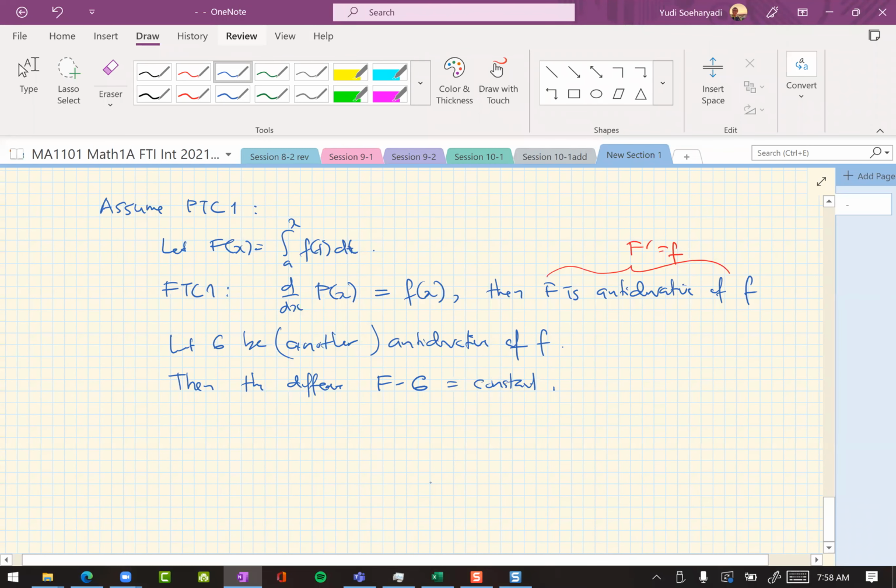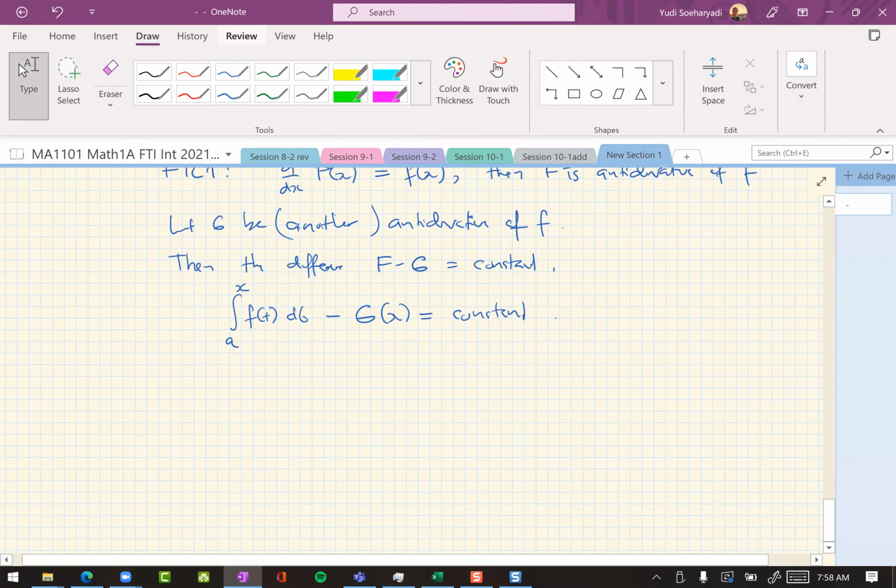See what the constant means. So for example, F(x) minus G(x) is constant. All right, so let's substitute x equals a. Say the constant c.